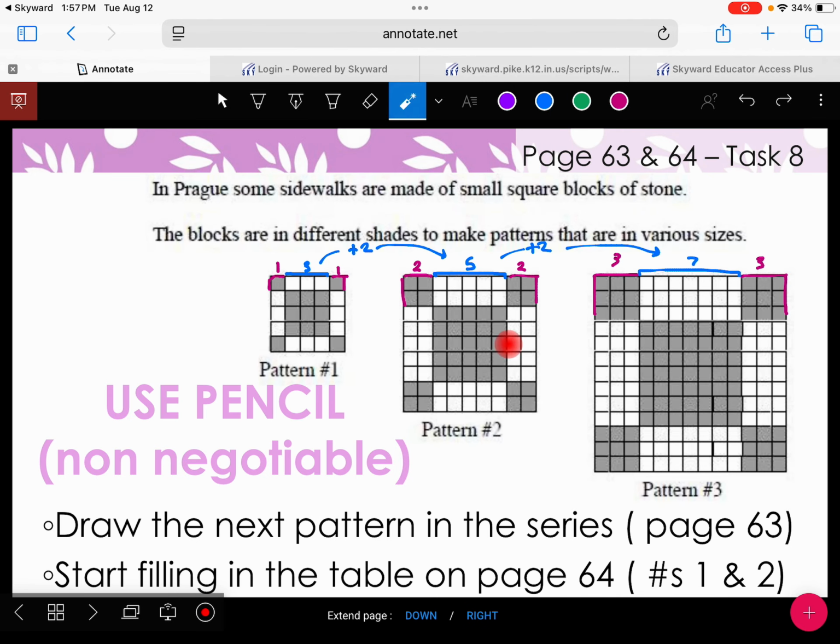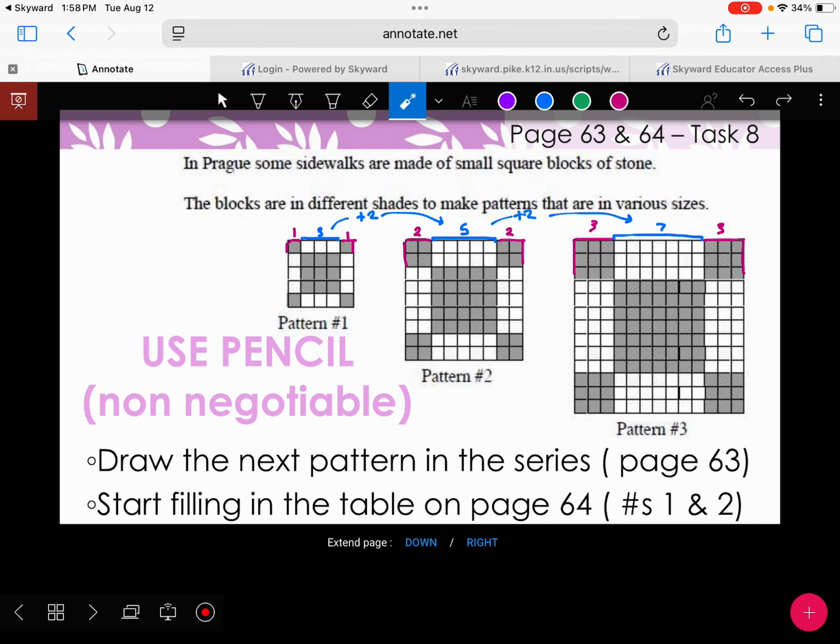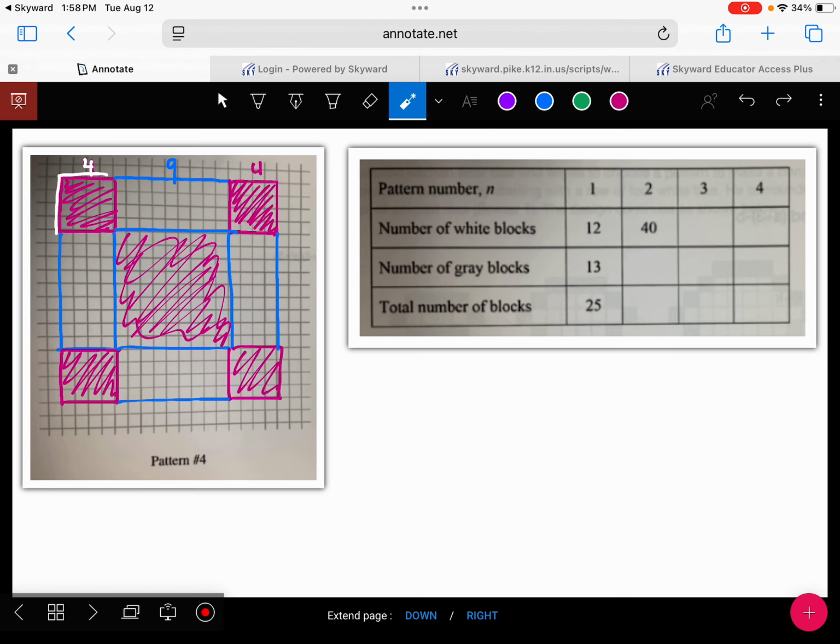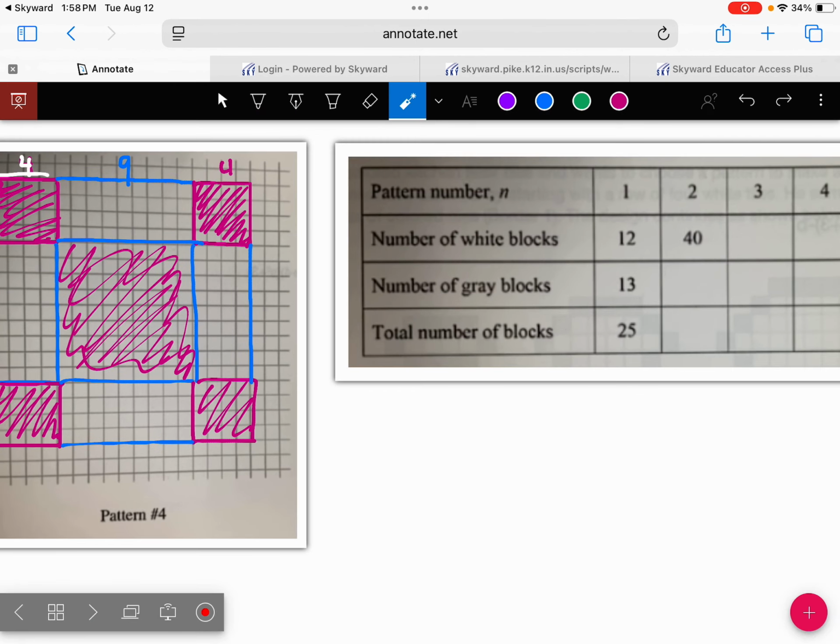So looking at pattern number 2 over here, it is probably going to be helpful to have your page open like this, where you can see both. And you can count them. You can see if we notice patterns on things. We need the total number of blocks and the total number of gray blocks.